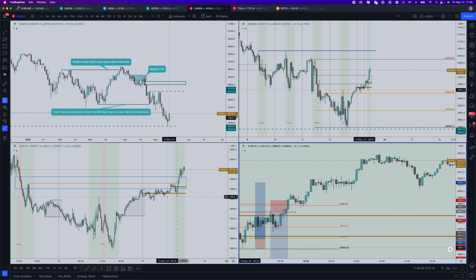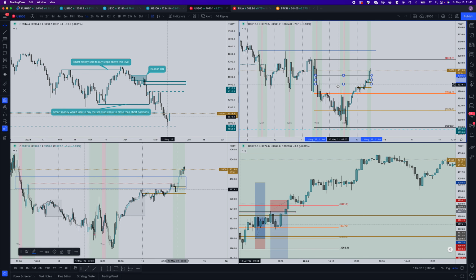This is where, in my own development, I'm still working. There was this fair value gap up here on the 1 hour that I thought price would poke into and come back down to this level, which obviously it didn't do.